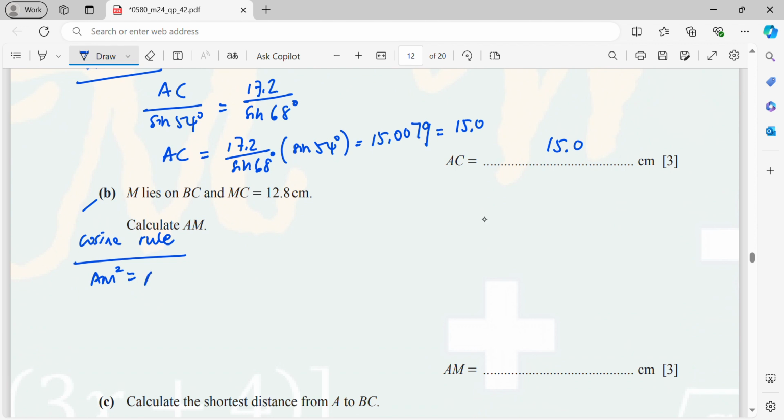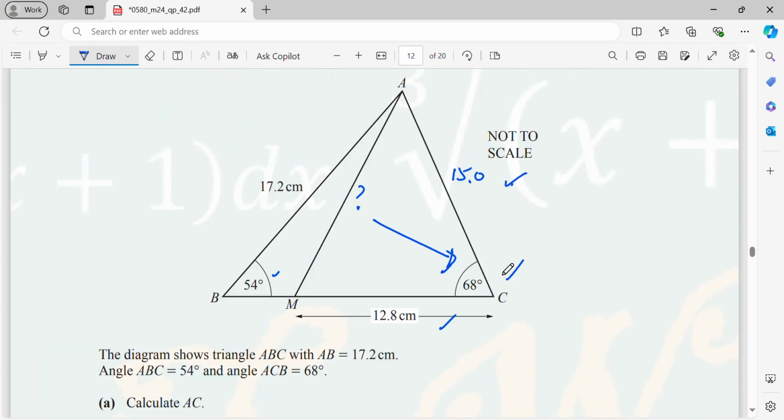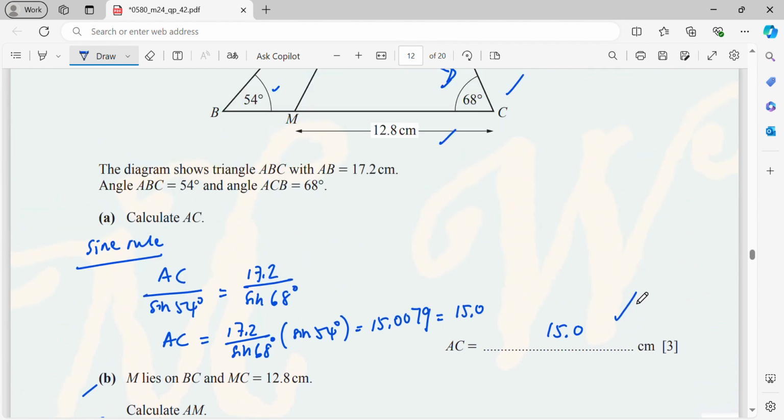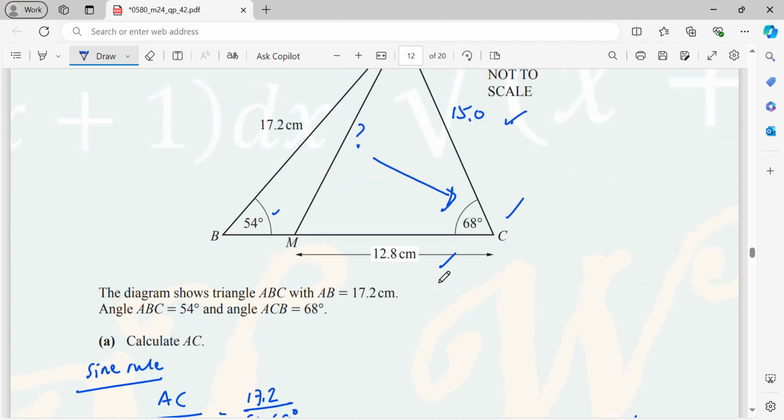It will be AC squared plus MC squared minus 2 times the two sides, then cos the opposite angle, cos 68 degrees, ACM. So now the AC already found 15, then the MC is 12.8.